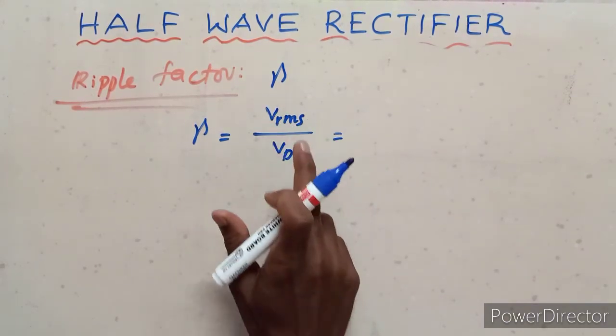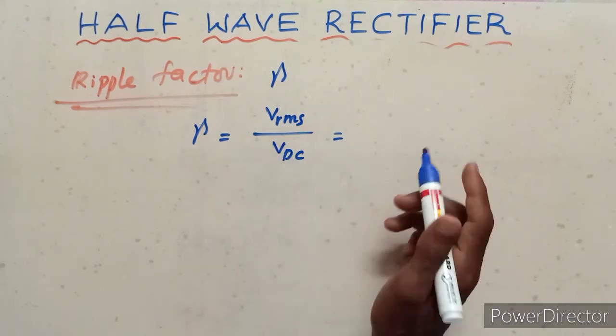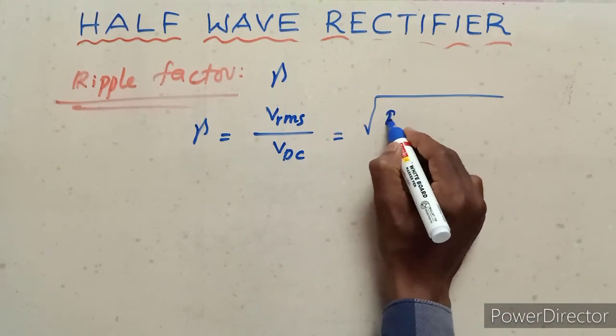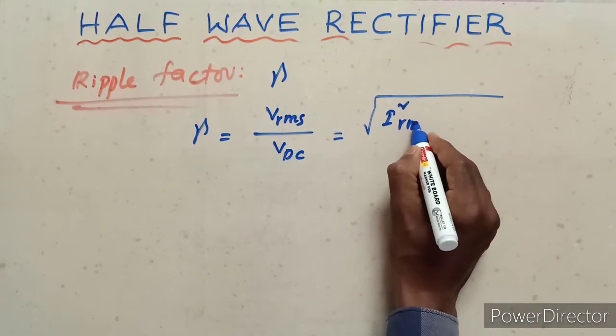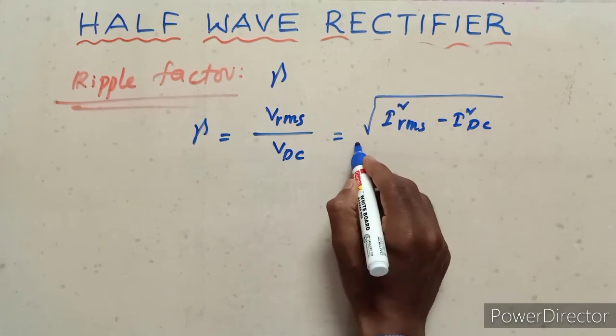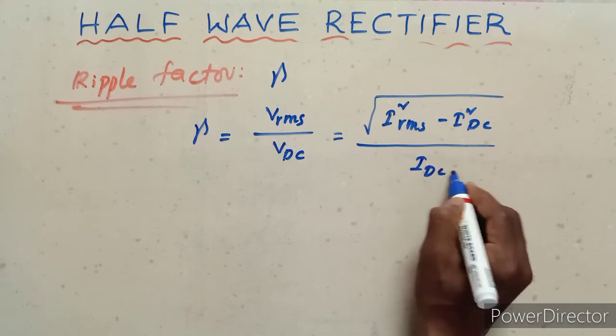Gamma equals the root mean square voltage, that is the RMS value of the AC component, that is under root I square RMS minus I square DC upon IDC.